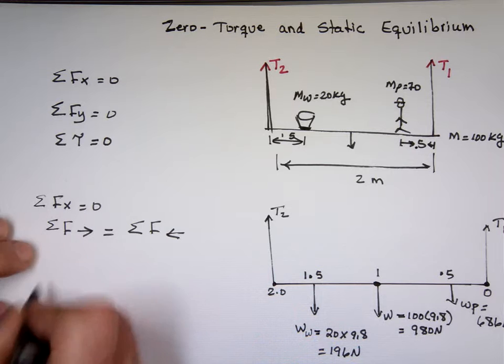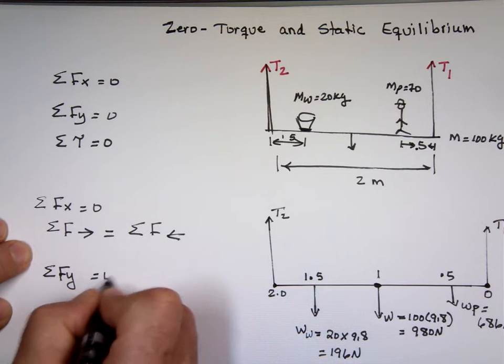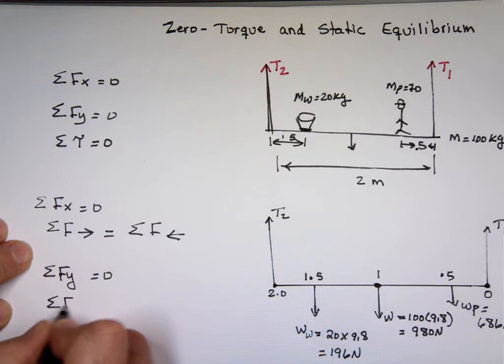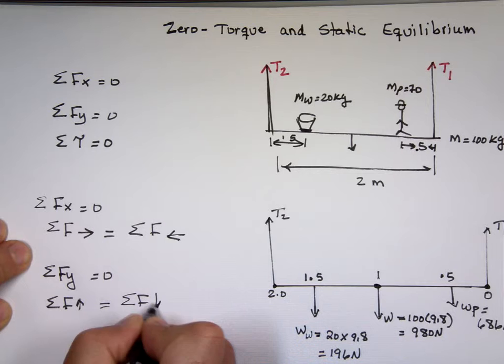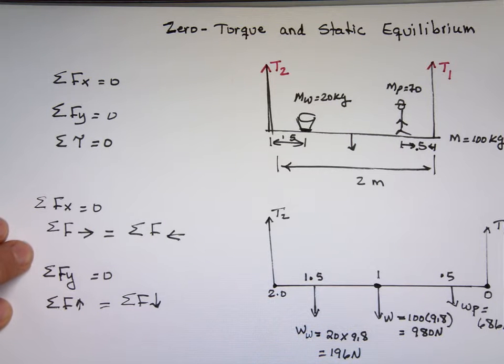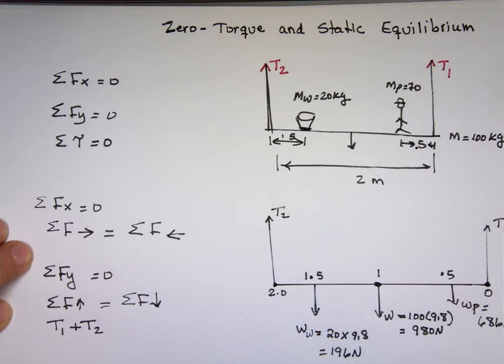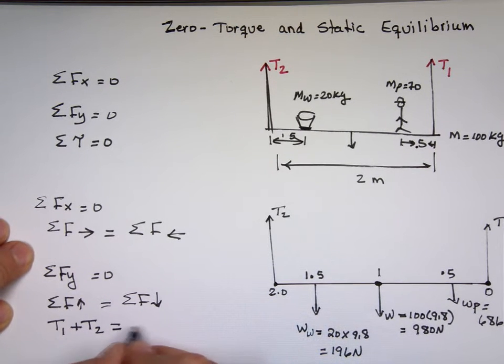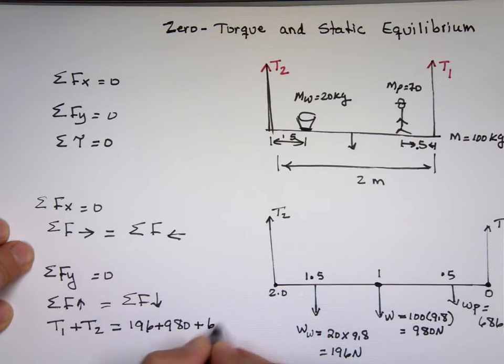In the y direction, the sum of the forces in the y direction, the net force, is 0, which means up equals down. What is pointing upward? T1 plus T2. What are the forces down? 196, 980, 686.